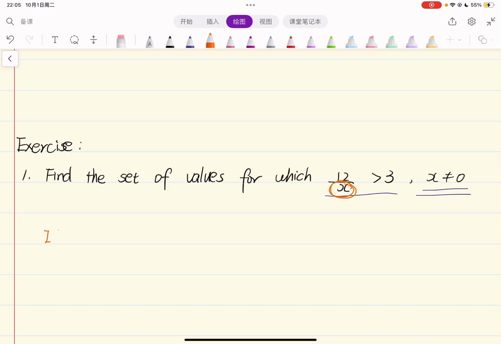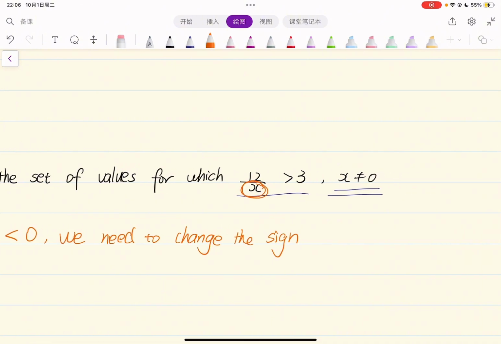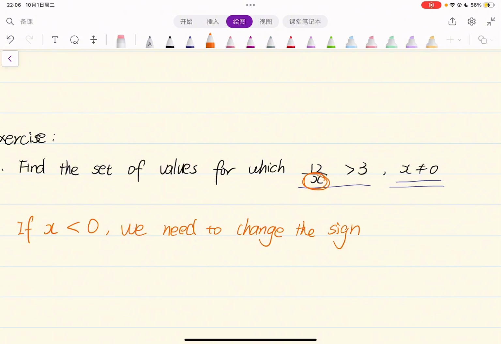If x is less than 0, we need to change the sign when multiplying by x, but we don't know whether x is positive or negative.